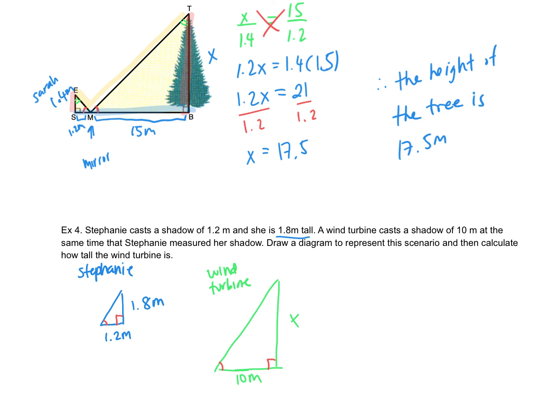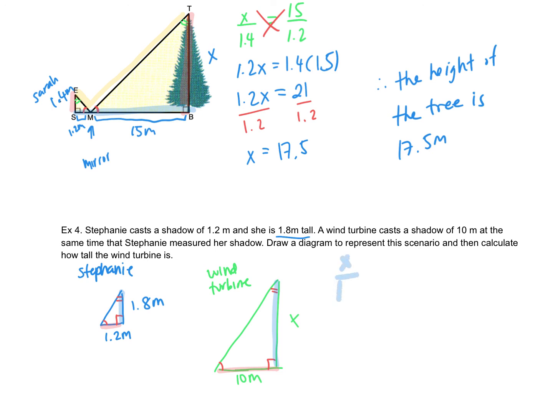This is the same time of day, the sun is in the same position, so those angles must match, and then automatically the ones at the top do as well. So looking at the angles, or just thinking of our previous scenario, the two heights match, the two bases match, and the diagonals match.